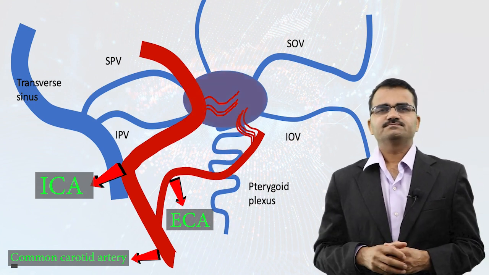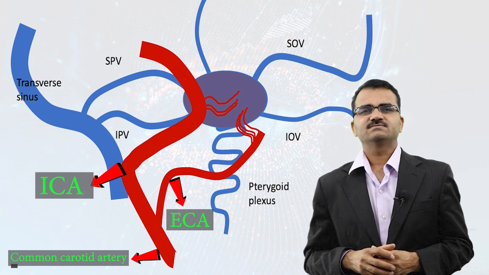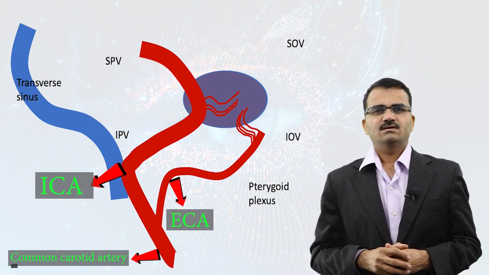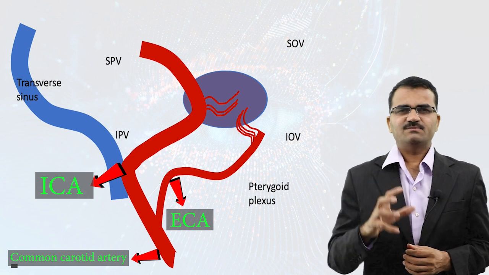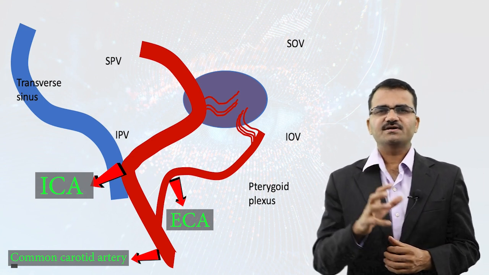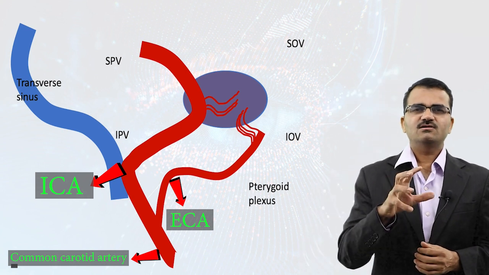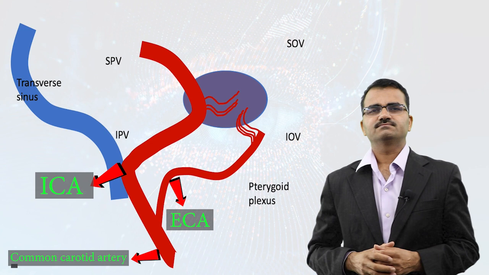It is seen in pregnancy, sinusitis and head injuries. Because of indirect communication between the artery and cavernous sinus, it is called slow flow fistula.